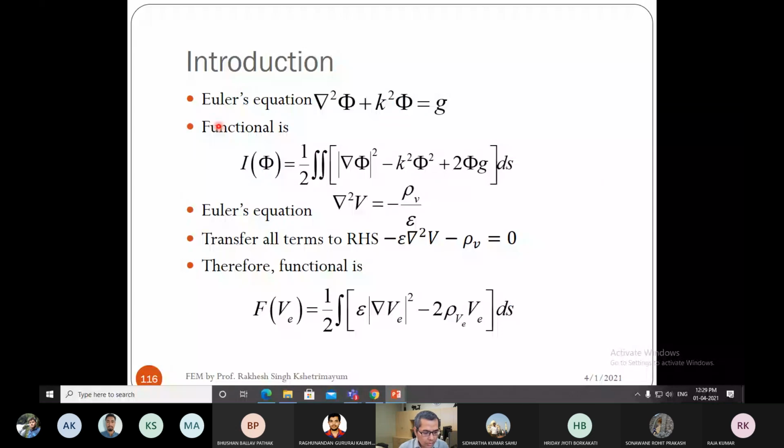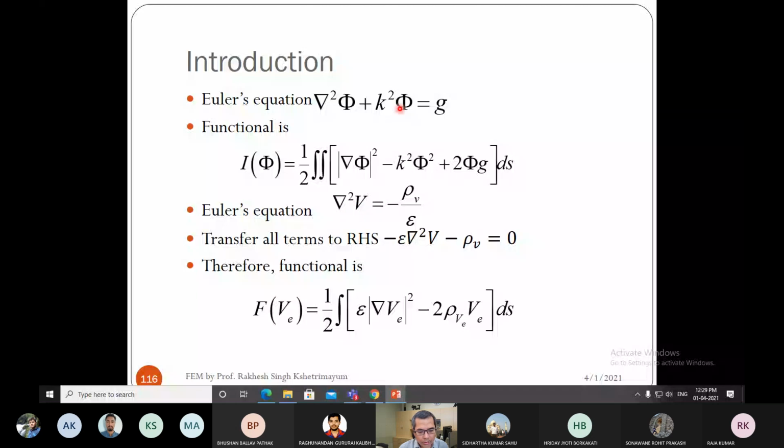Let's go back to the Euler's equation and the functional. This is the most general form: Laplacian of phi plus k square phi is equal to g, and we'll have a functional of the form I(phi) equal to half double integration of del phi square minus k square phi square minus 2 phi g ds. And our Poisson's equation, Euler equation is del square B equal to minus rho B by epsilon. So we don't have the k square term here.